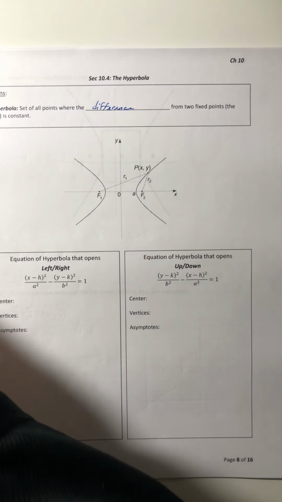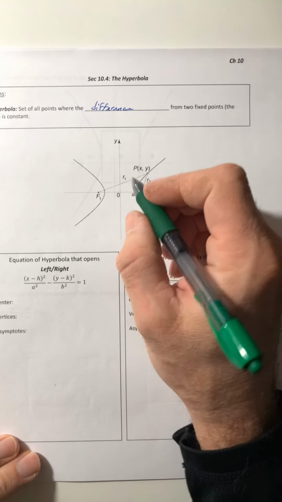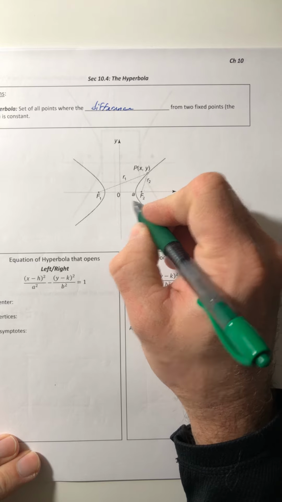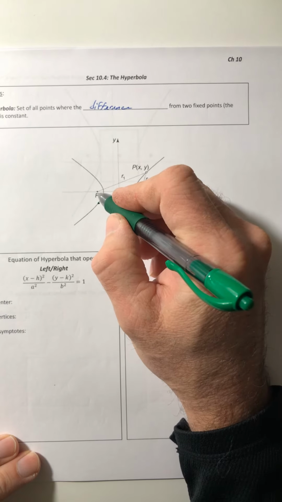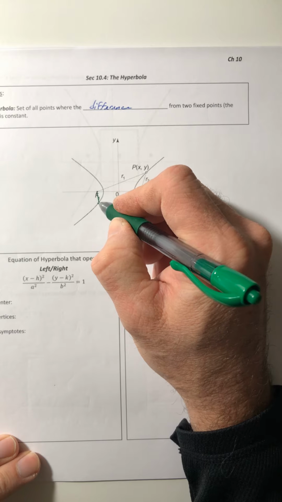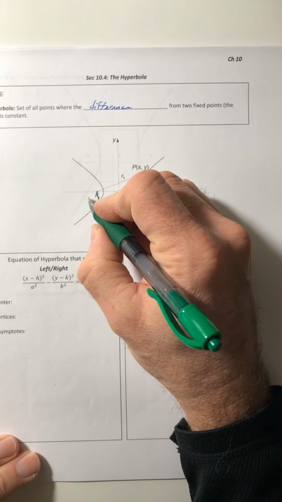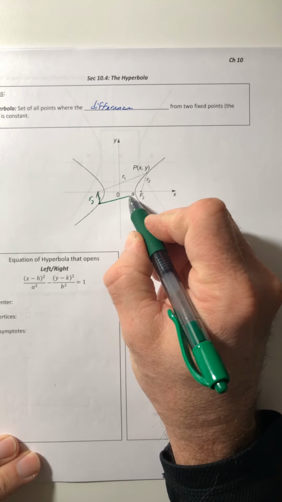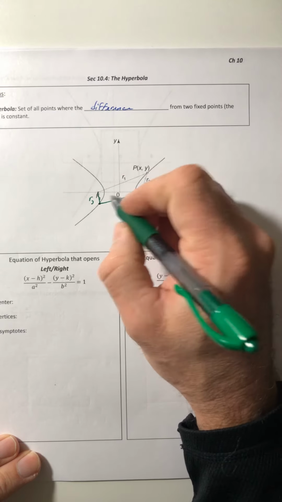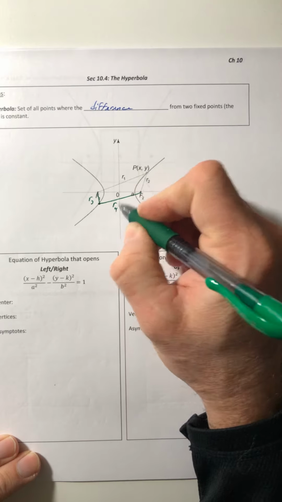If you chose a different point, we'll just put it over here, you can measure the distance from here to here, like R3, and then the distance to that focus would be R4.